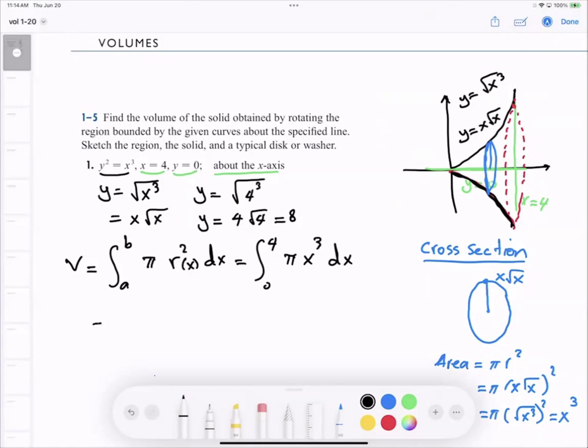Let us just calculate the integral because this is a super easy integral. This becomes pi over 4 x to the 4th, and x ranges between 0 and 4. Again, 0 doesn't change anything here. We just need to plug in 4. We get pi over 4 times 4 to the power 4. If you cancel out one of the 4's, 4 times 4 times 4 is 64 times pi.